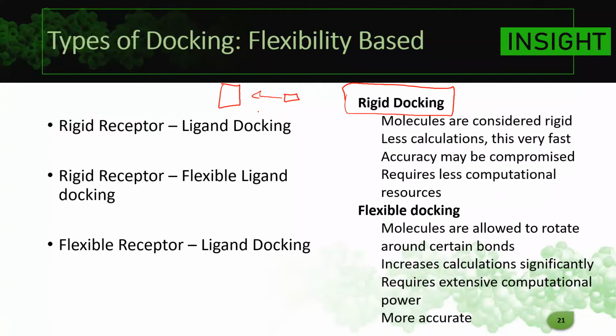They are allowed to change their conformation. They are allowed to move their atoms around in order to see if there is any other arrangement of these atoms in a structure that can lead to better energetics or better interactions between the two. So those we are also going to learn about in this entire course.